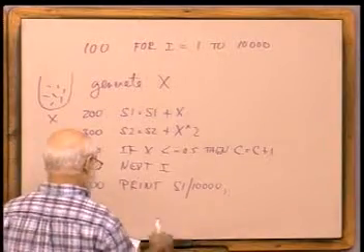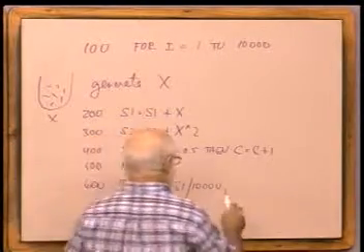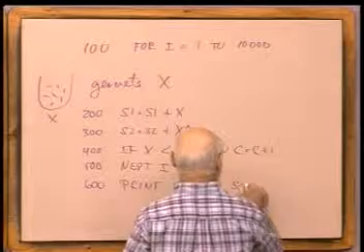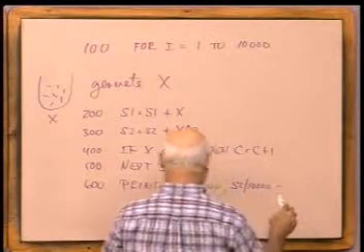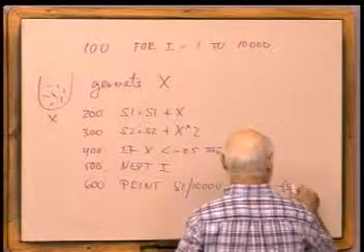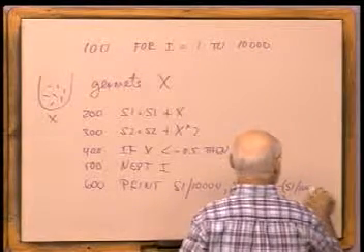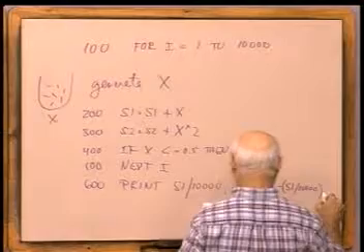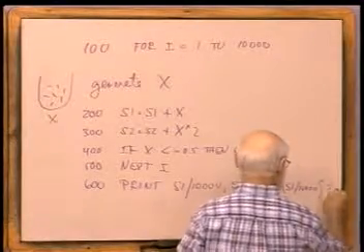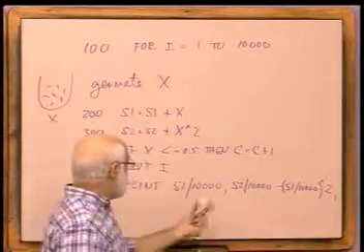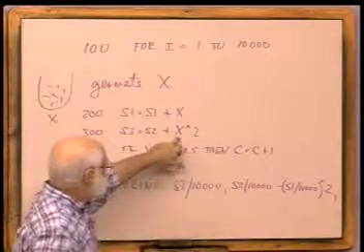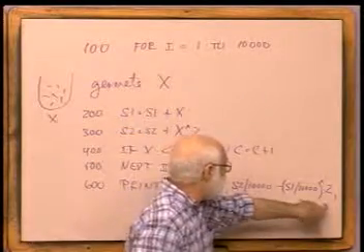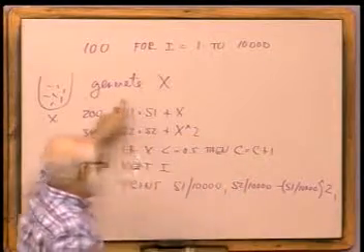The next statement, print. Now I want to print S2 divided by 10,000 minus S1 divided by 10,000 squared. So this is the average of the square, and this is the square of the average.